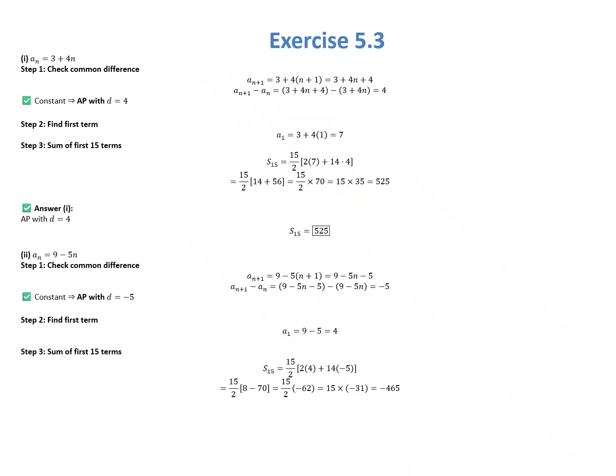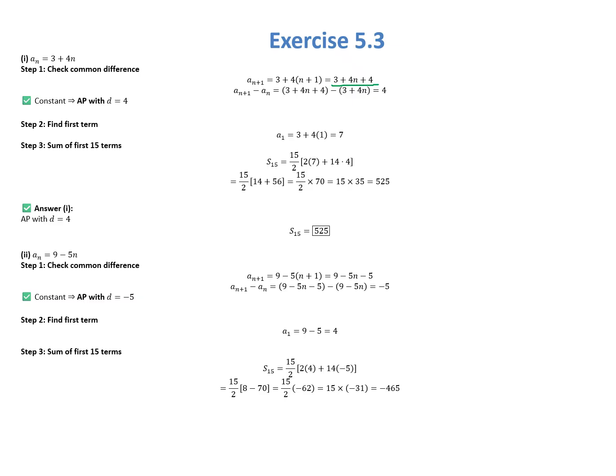Okay, so in this question, we are given an is equal to 3 plus 4n. First of all, we have to find the next term. The next term is 3 plus 4(n plus 1), because the next term is n plus 1. We'll solve it and get 3 plus 4n plus 4. This is our (n plus 1)th term.